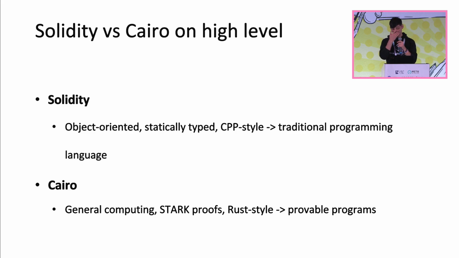On the other side, Cairo can also be used for general computing, but its main benefit is that it's designed for verifiable computing, which means from a program you can generate a proof very easily, a Stark proof actually. Cairo is a Rust style language, so it will also inherit a lot of the properties that Rust has.